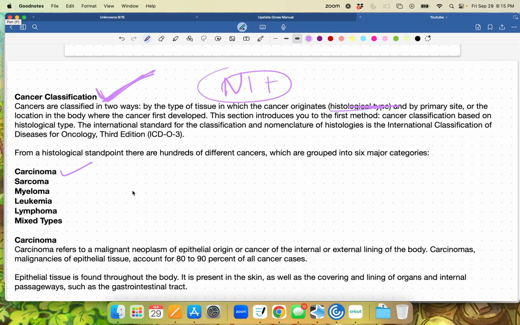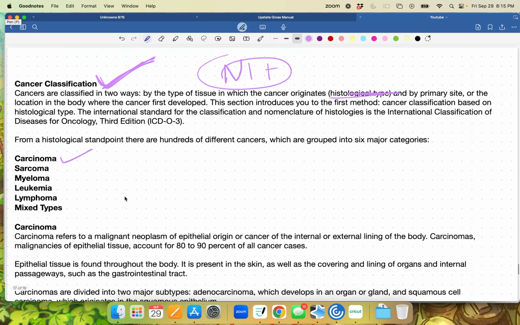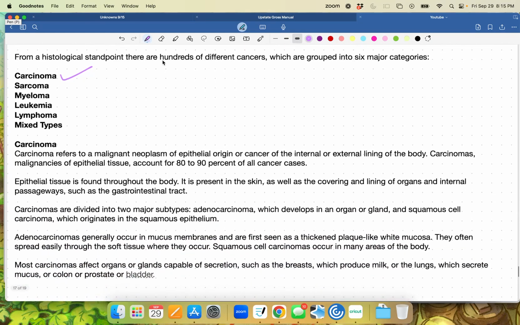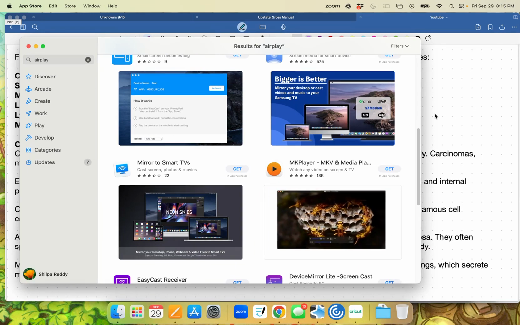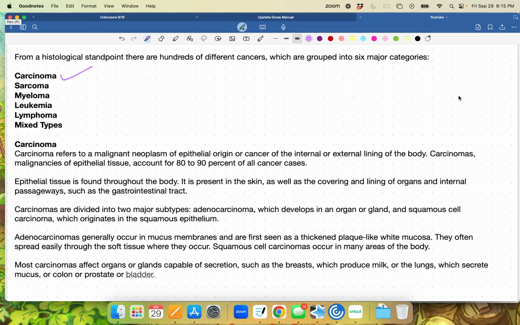So the first one here is going to be carcinoma. And carcinoma is a very broad term. I think that this term can be used interchangeably with cancer for some people, but carcinoma more specifically is not just cancer. It is cancer, but it's a more specific definition.